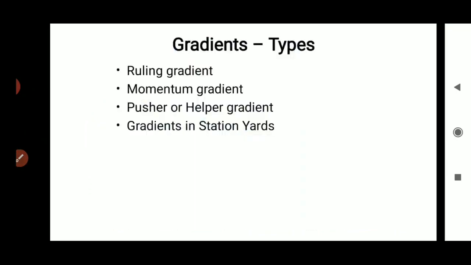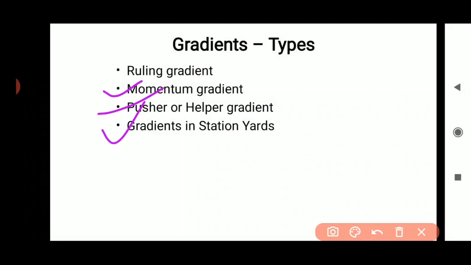There are 4 types of gradient. One is the ruling gradient, second is the momentum gradient, third is the pusher or helper gradient, and fourth is gradients in station yards.